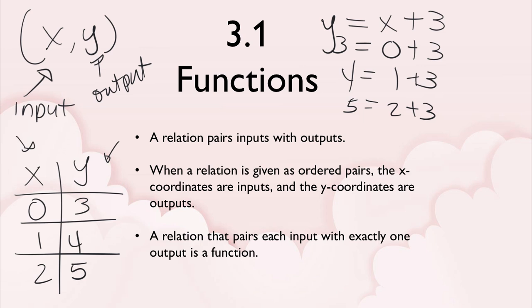But sometimes it might not be a function. So when would that be a function? Each input goes with exactly one output. What does that mean? We're going to go through that, okay? Let's go to the next slide.